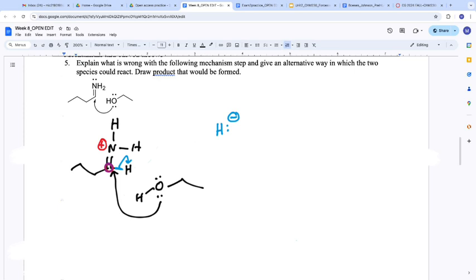That's a bad thing. That's a really bad thing. When we talk about stability of charges, we want that charge spread out over a large area. So H minus is incredibly unstable. Does that satisfy the arrow pushing? Yes. Okay, I accept that.